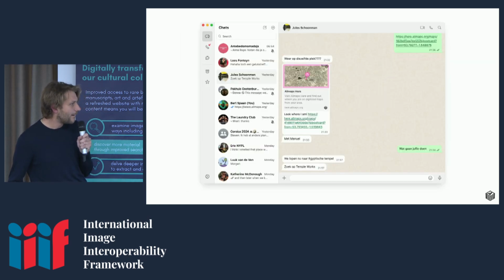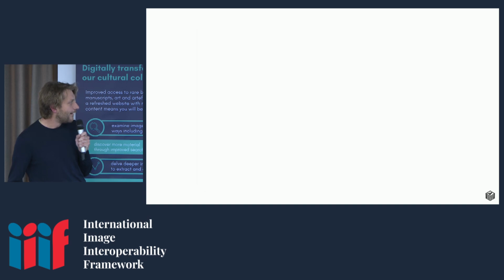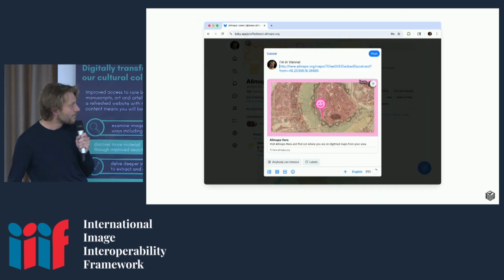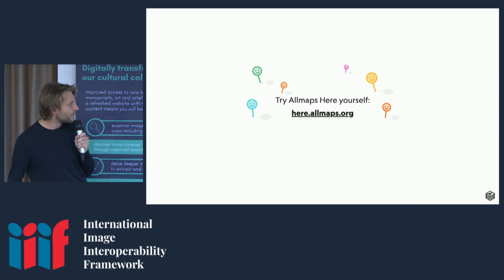This is WhatsApp. Works on Signal too. Bluesky even. And you can try it out. And it works wherever there are maps available. And if there aren't any available, then that means that you should just georeference a few.